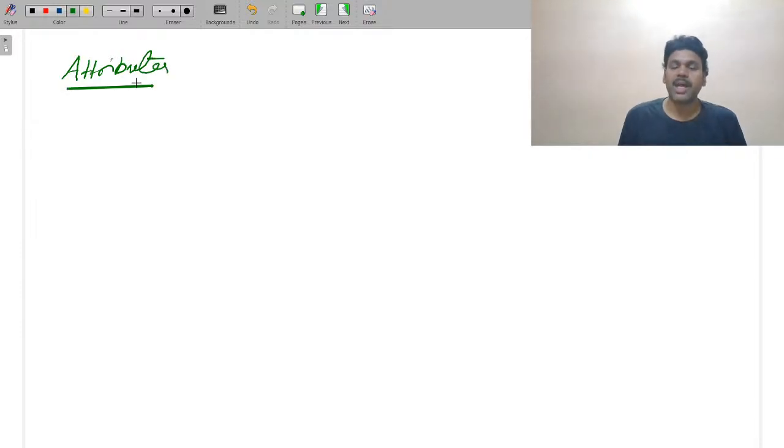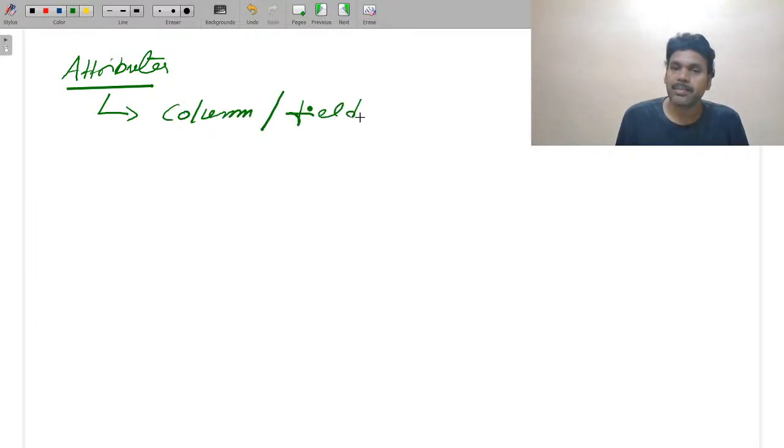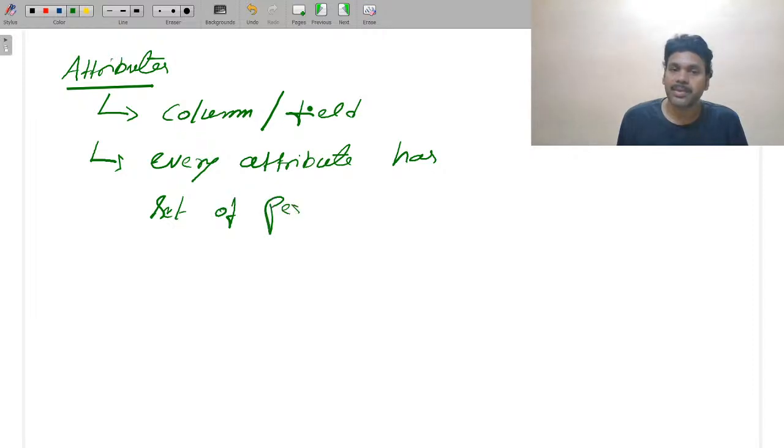An attribute is also called a column, and also called a field. And one more thing, every attribute has a set of permitted values. This set of permitted values we call a domain.